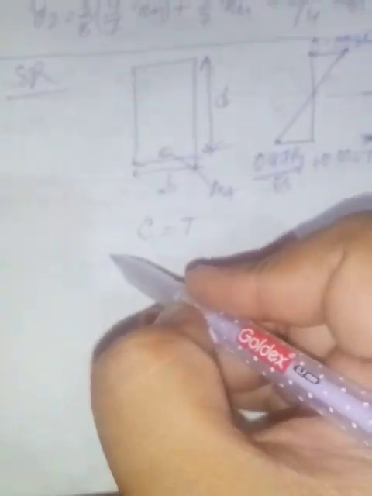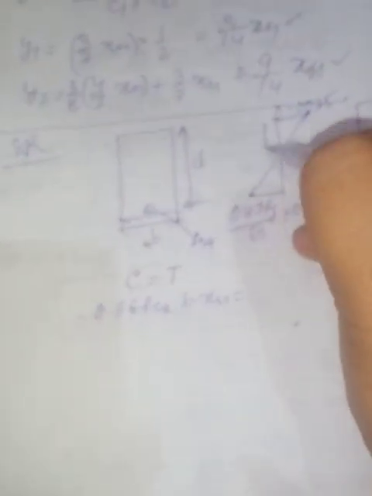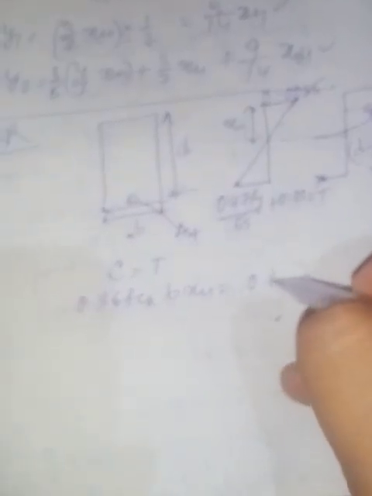In case of singly reinforced, C will be equal to T here. 0.36 fck B XU, we know this is XU, equal to 0.87 Fy Ast.